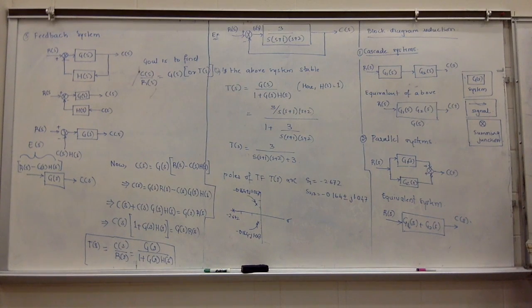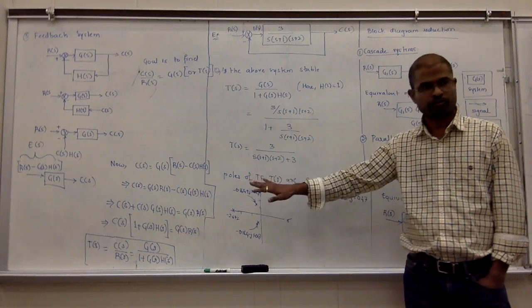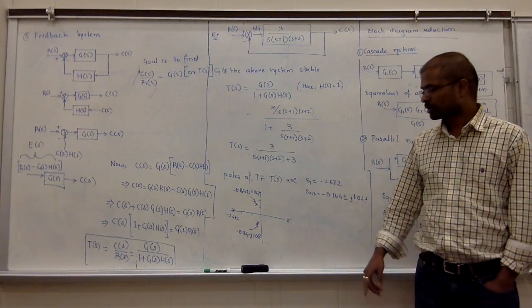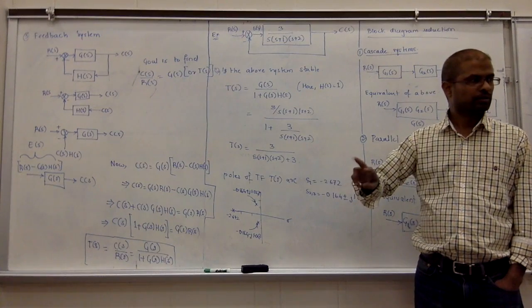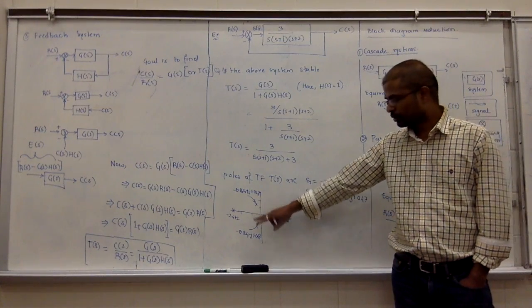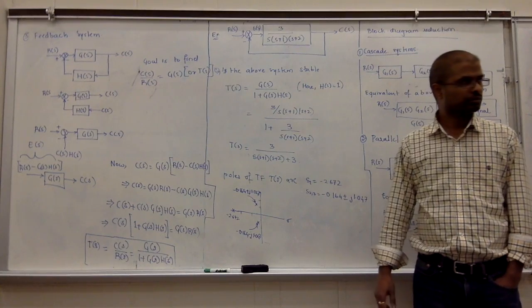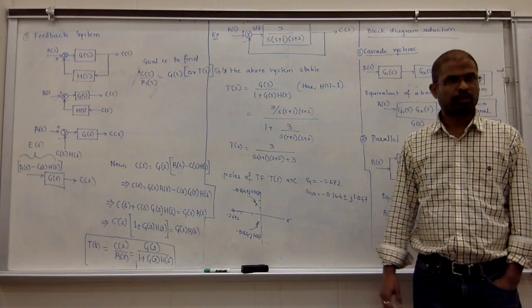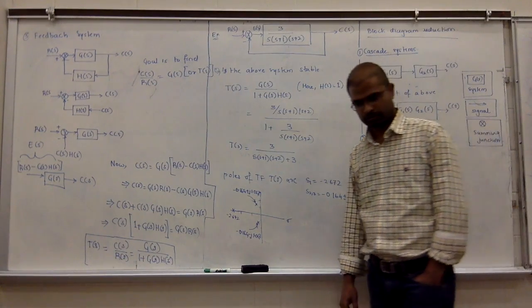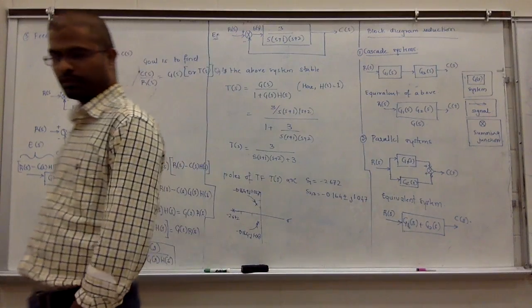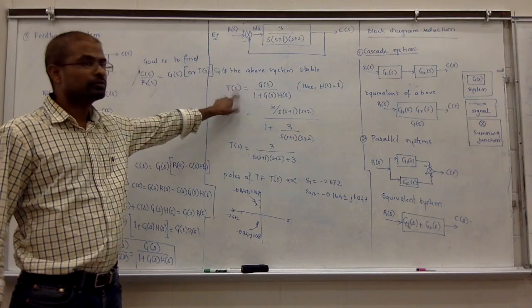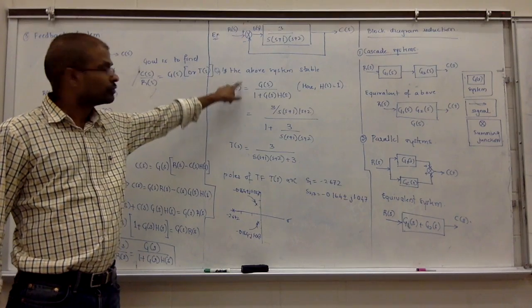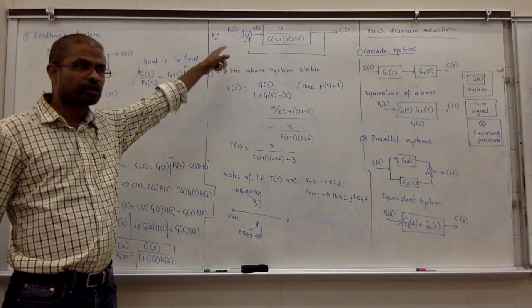It doesn't matter whether it's on the top or bottom, because complex poles will always be in pairs. One of them will be here, one of them will be here. That's how complex roots are. So is this clear? How this was done?